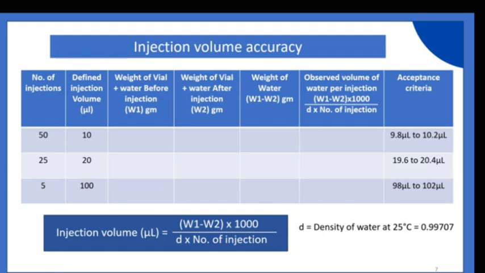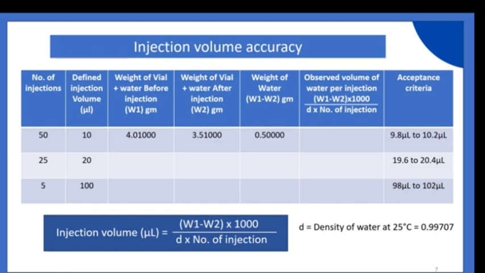For 10 microliter injection, we inject 50 injections. So weight of vial plus water before injection, W1 gram, suppose it is 4.01000 gram, and weight of vial plus water after 50 injections, that is W2 gram, is equal to 3.51000 gram. So weight of water, that is W1 minus W2 gram, is 0.5000 gram.